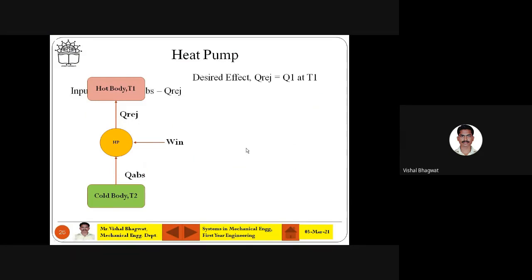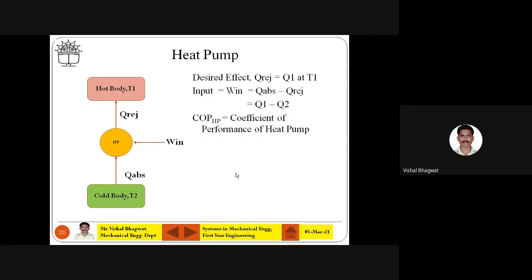Okay, so this was the work input. Now, as this is again not happening with the natural laws, heat naturally flows from a high temperature body to a low temperature body. That's why you found efficiency for the heat engine.